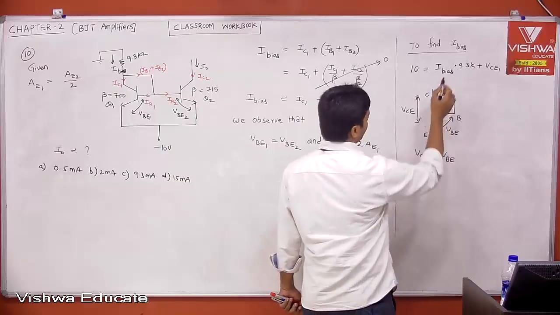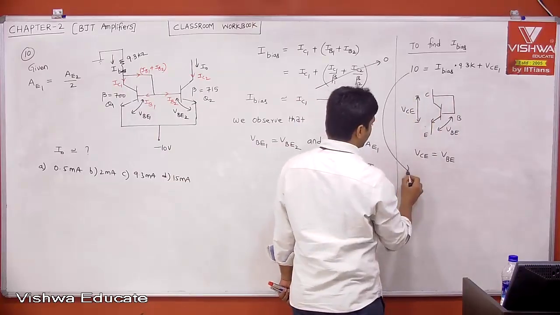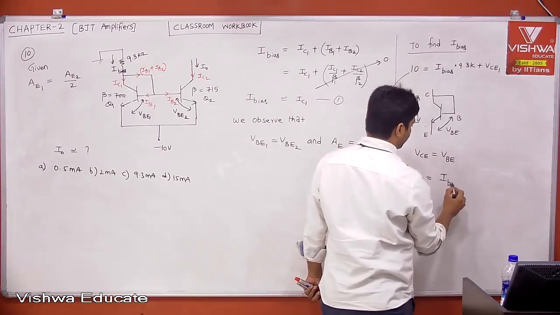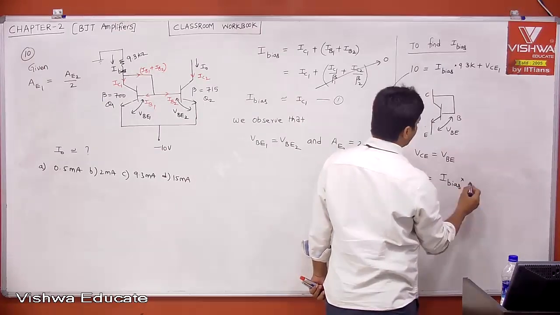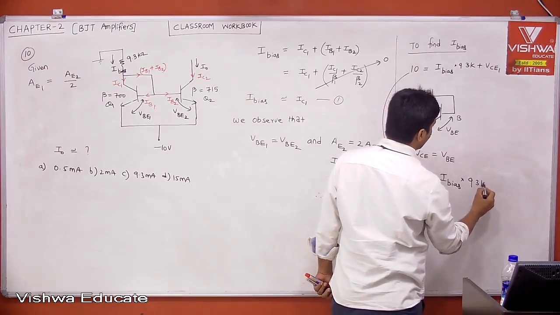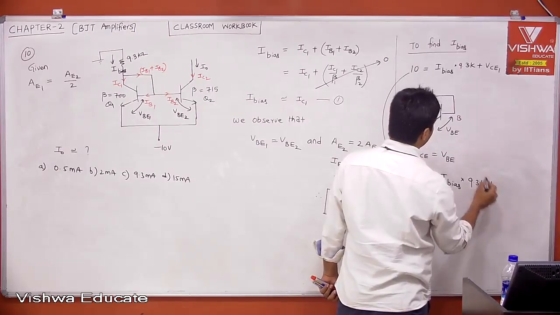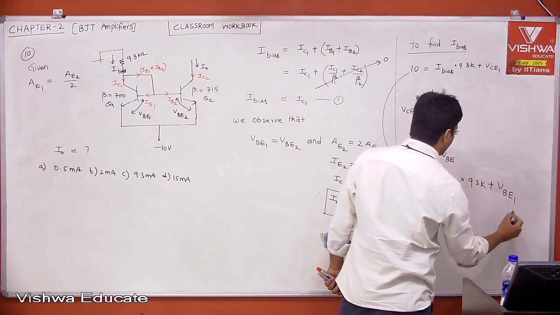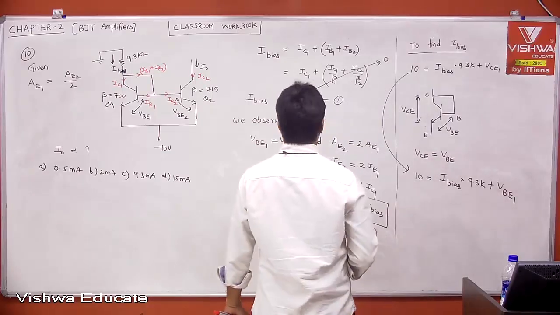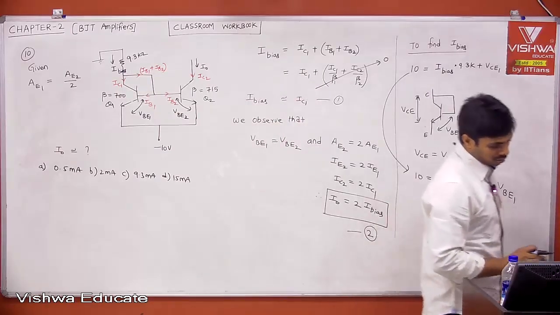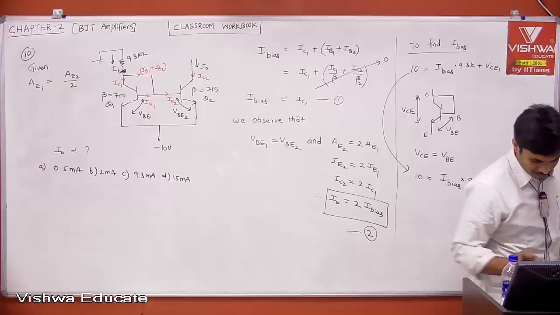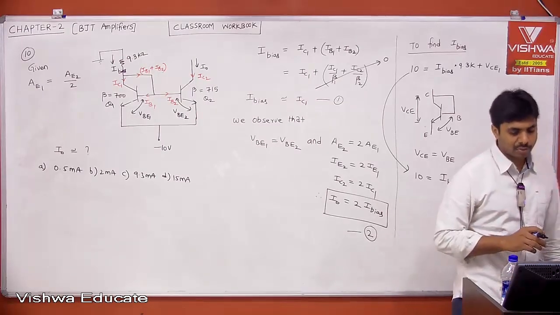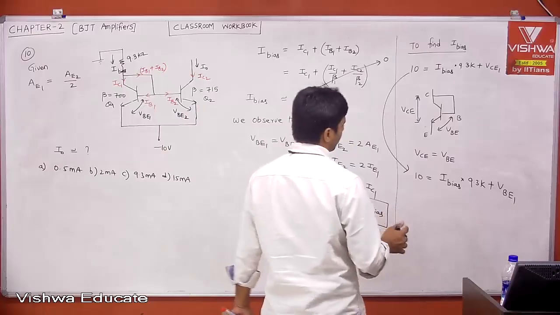Therefore, 10 is equal to I bias times 9.3K plus VCE1, which is VBE1, the base to emitter voltage. For a silicon BJT, what is VBE? 0.7.